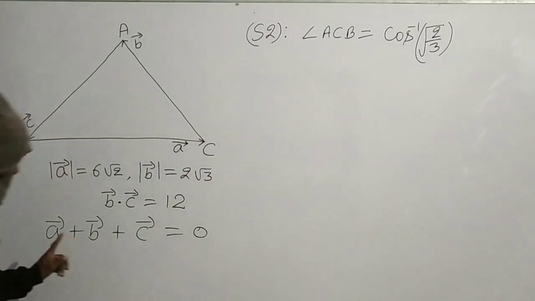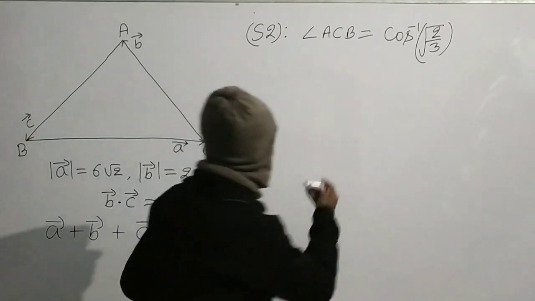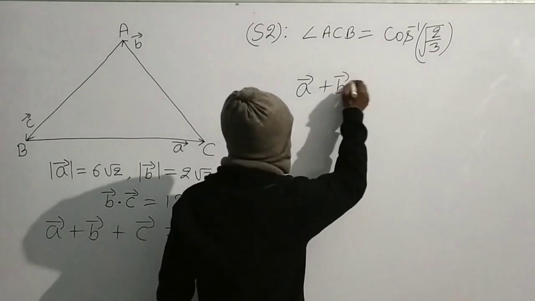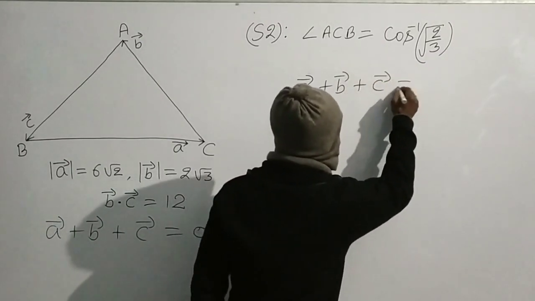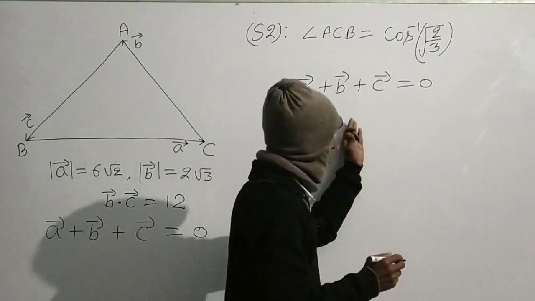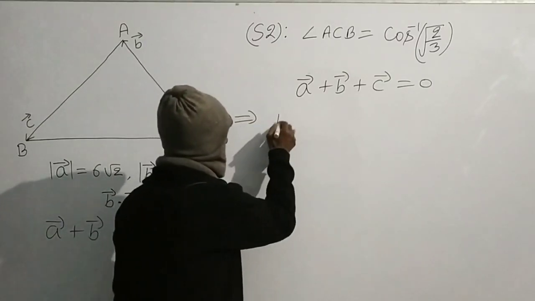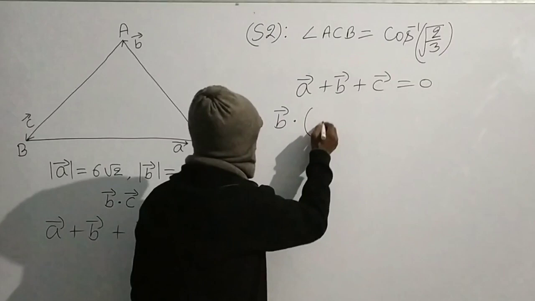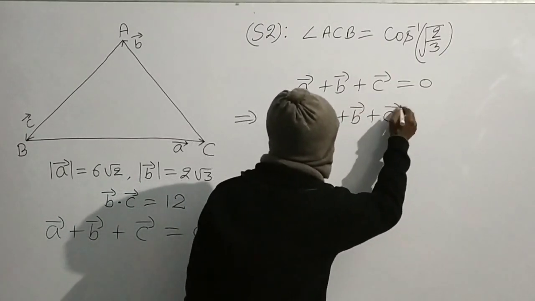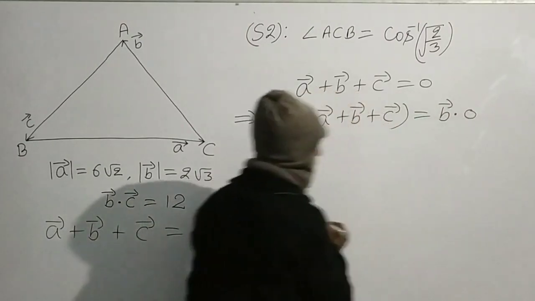Since vector A plus vector B plus vector C is equal to 0, taking dot product both sides by vector B, we get B dot (vector A plus vector B plus vector C) is equal to B dot 0.